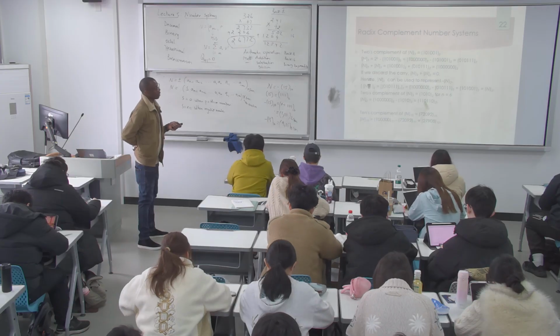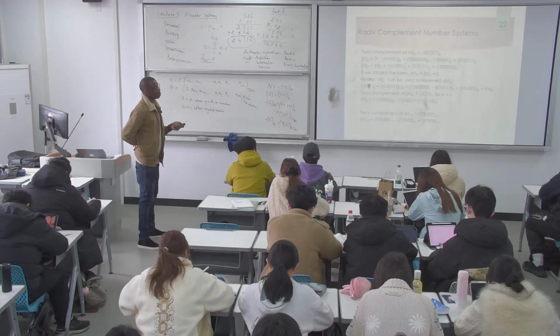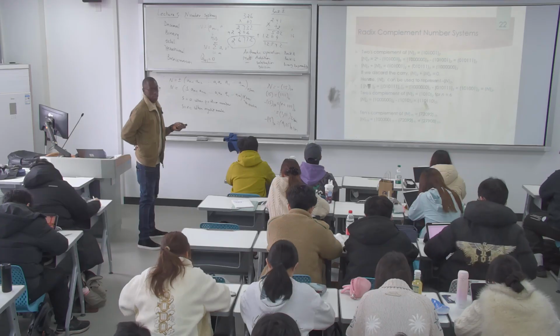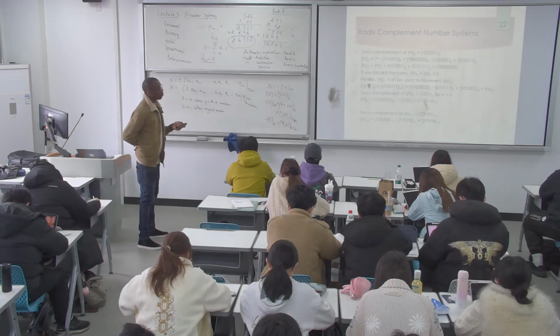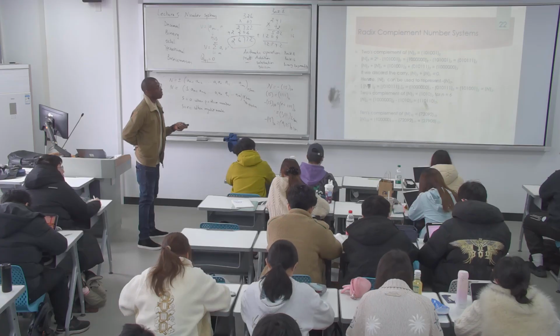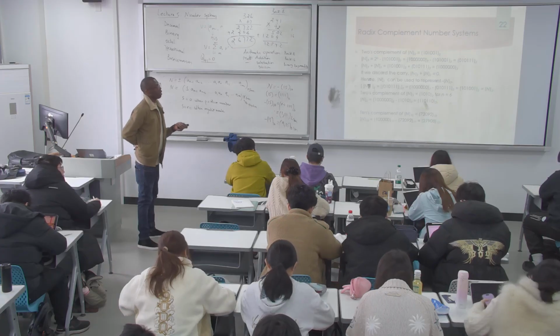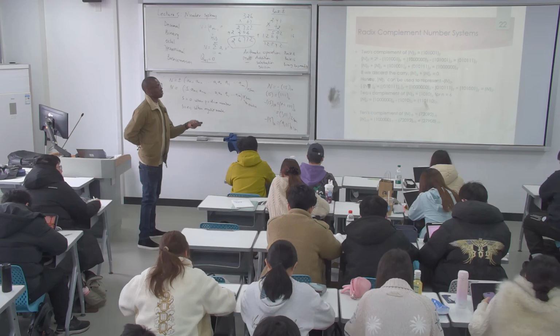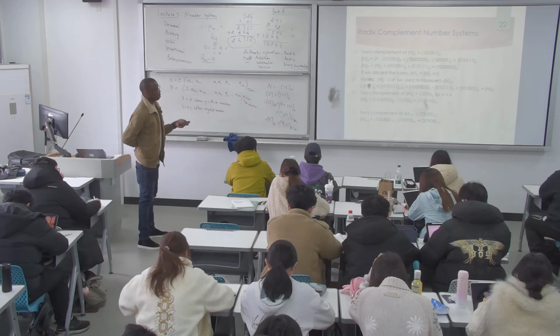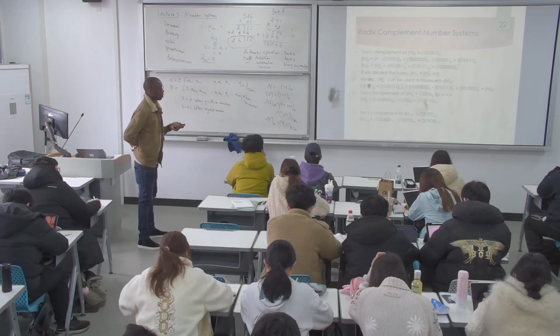We have the 2's complement of this number. For example, N equals 2 to the power of 6 minus this number, because we have 6 digits in this number: 1, 2, 3, 4, 5, 6. That's why we have 2 to the power of 6, which is 1 followed by 6 digits. So minus this number, we get this binary representation as the 2's complement.